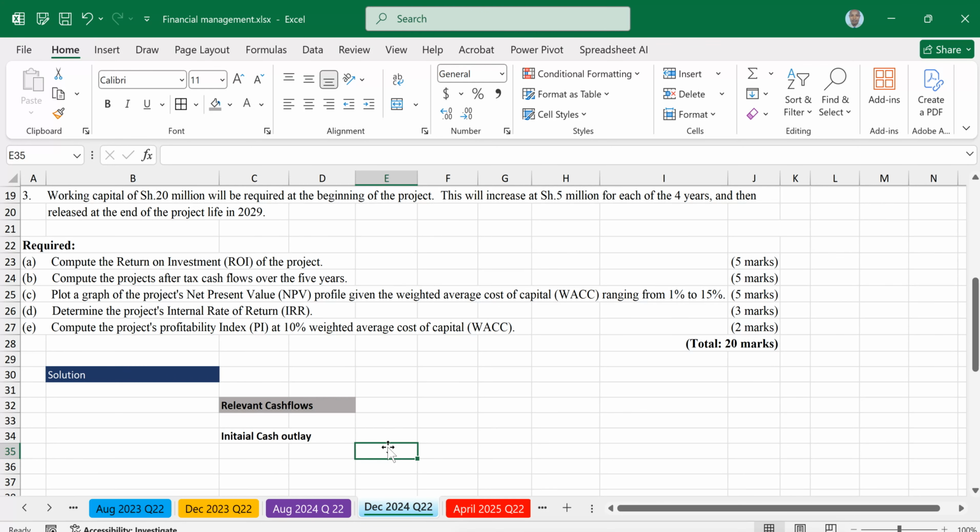Now for initial cash outlay, we have the initial investment of 500,000. The initial investment has been given, so equal sign, then you click on 500,000. That is the one that is depreciable.